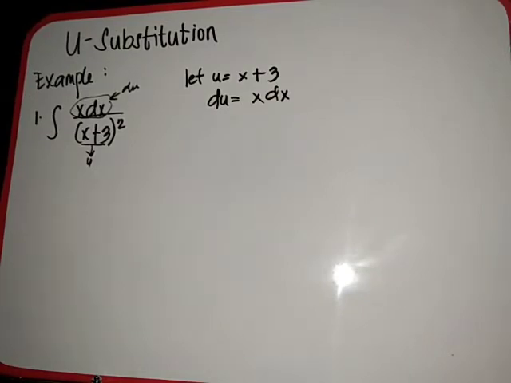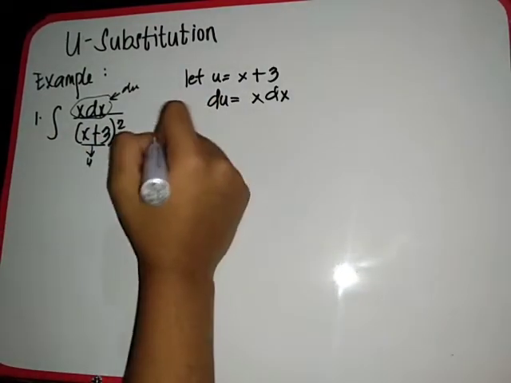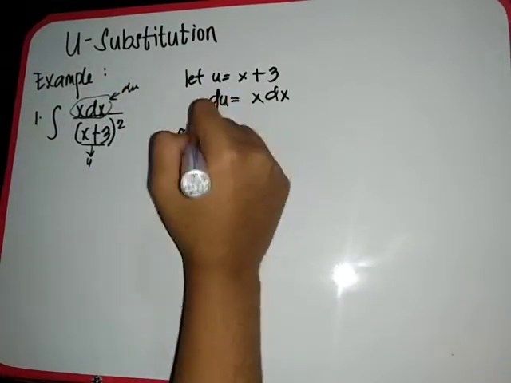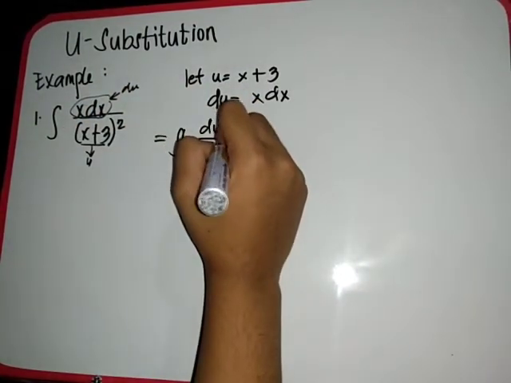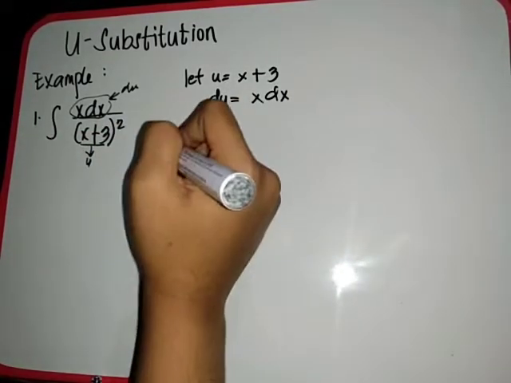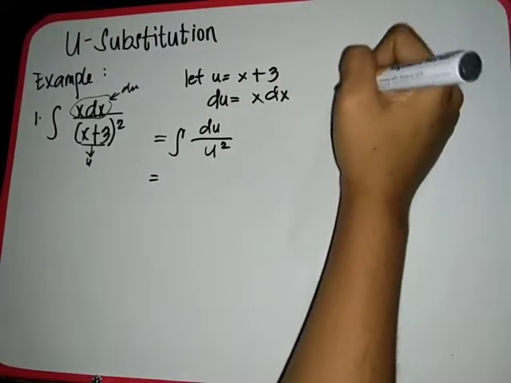So we have to substitute u and du. We have the integral of du over u squared. So let's recall the formula for this.